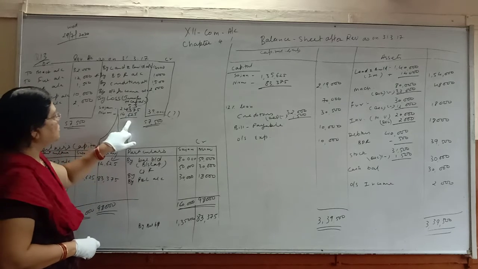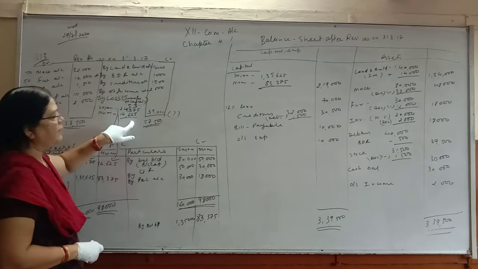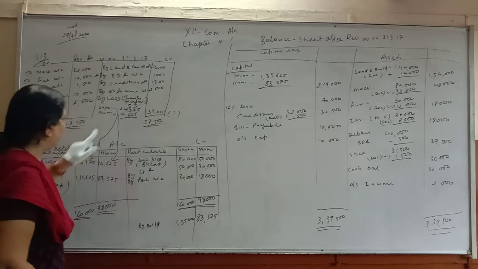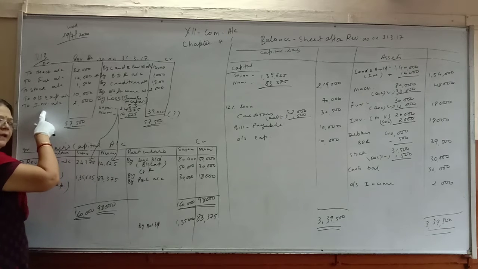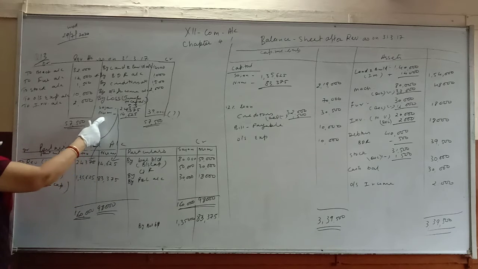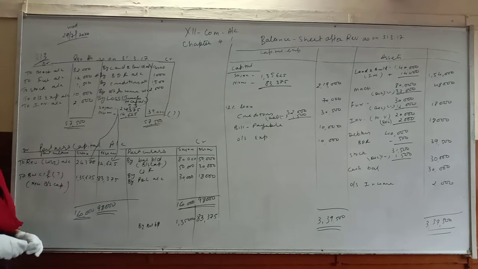And this revaluation loss you transfer to the partners' capital account. This you have written on the credit side, so when you transfer, you will write on the debit side. And suppose if it is a profit, then you will get it here, so you will transfer on the opposite side, on the credit side. Okay. So these two I have put an arrow, you will transfer them. So this is the second effect.